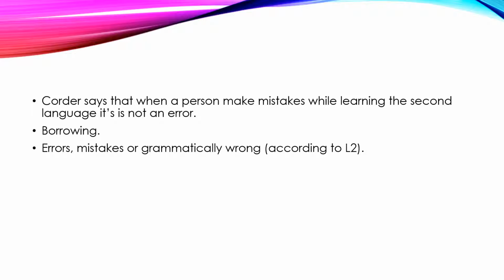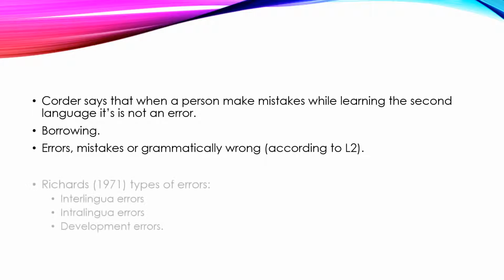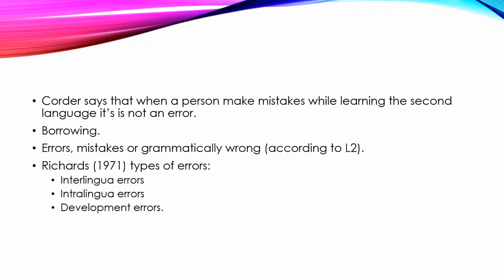Some of the characteristics of the interlanguage are the errors, mistakes, or grammatically wrongly formed sentences, which indicate the linguistic competence of the students, the strategies used in the development of L2, and the formation of the learner's own hypotheses. Among the most important classifications of errors are the ones made by Richards in 1971, who mentions 3 types of errors.